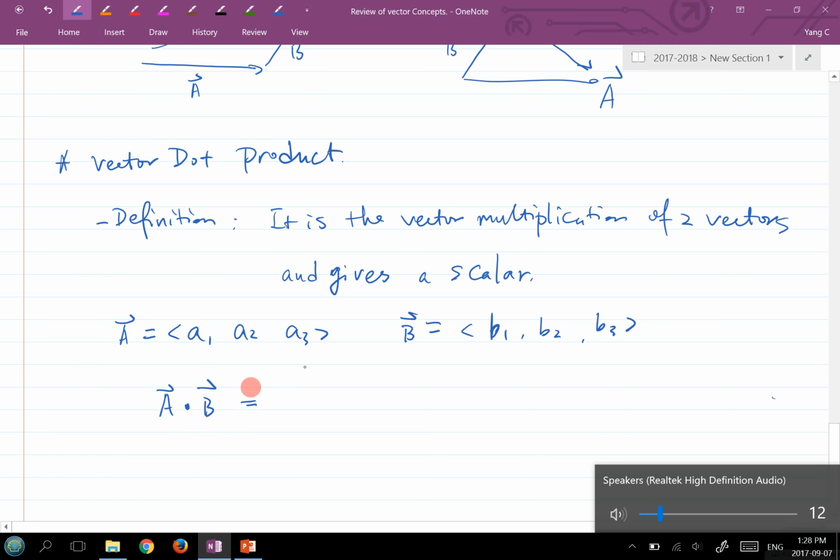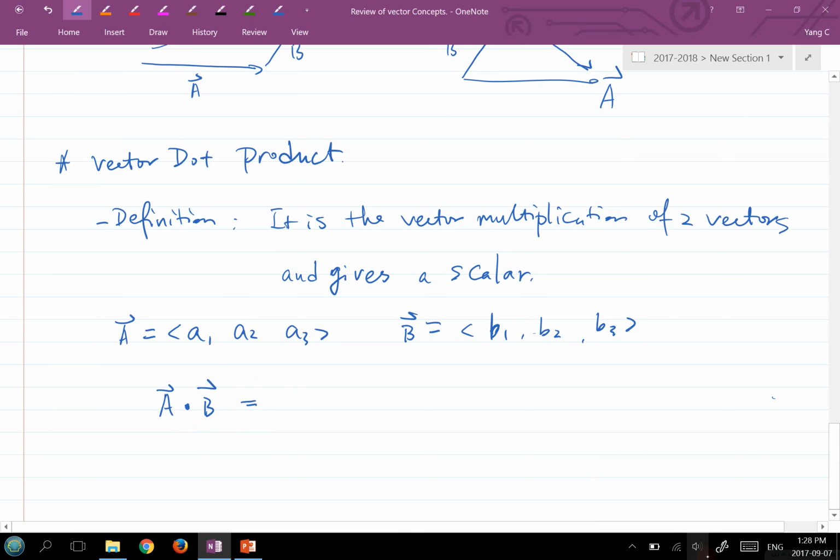Based on this information, you can write it as A1 times B1 plus A2 times B2 plus A3 times B3. That's how you calculate the dot product.